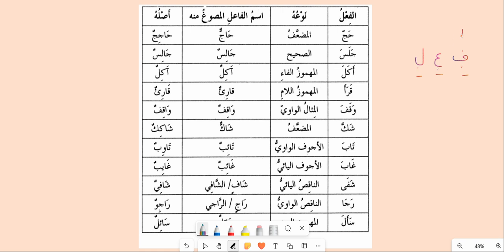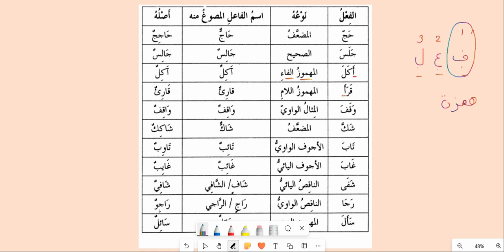So fa is the first letter, ain the second letter, and the lam is the third letter. So here al-Mahmuz name comes from Hamza. So why is it called Al-Mahmuz, the one which has a Hamza? But where is the Hamza? Al-Fa. That's why it gets the name Al-Mahmuz Al-Fa. That means the first letter has a Hamza in it. So this kind of verb is called Mahmuz Al-Fa.